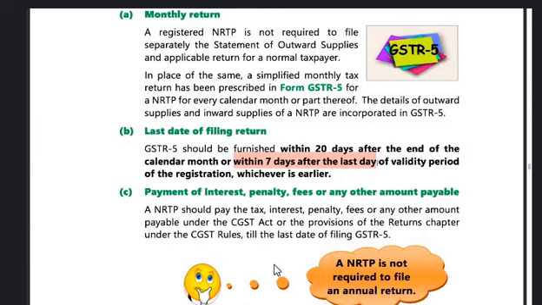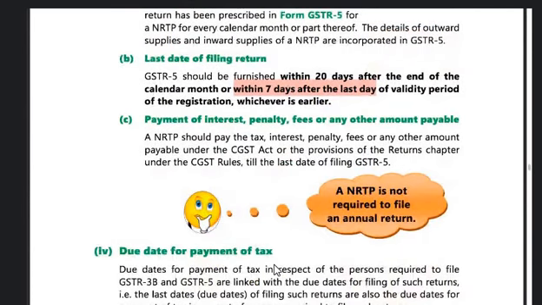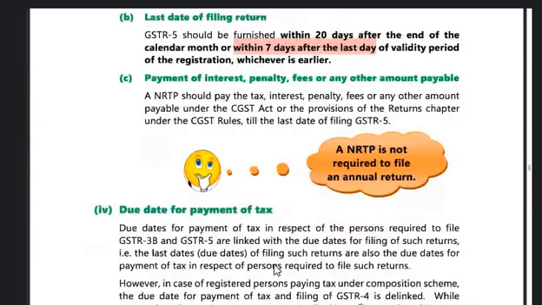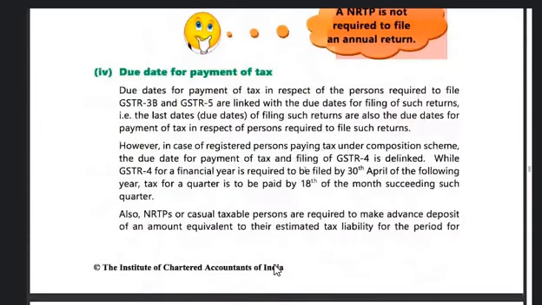If it is for the month, then within 20 days from the end of the month or within 7 days from the day of last date of validity of period in the certificate, whichever is earlier. And if you delay in filing the return, then interest and penalty should also be paid. And for the non-resident taxable person, annual return need not be filed.